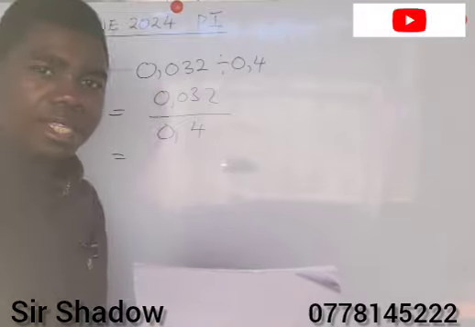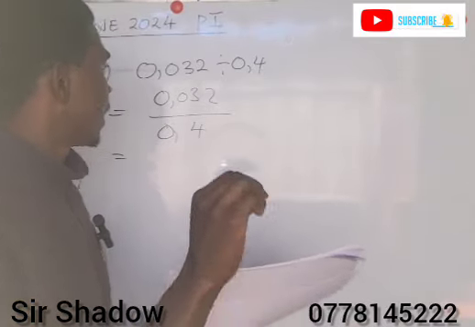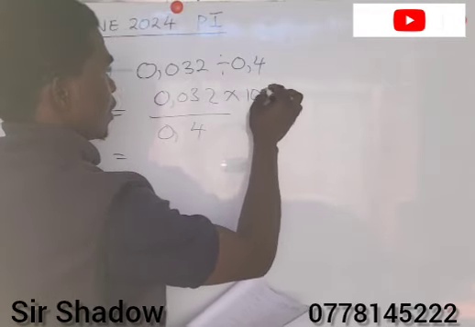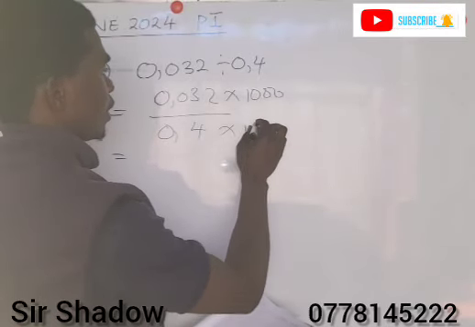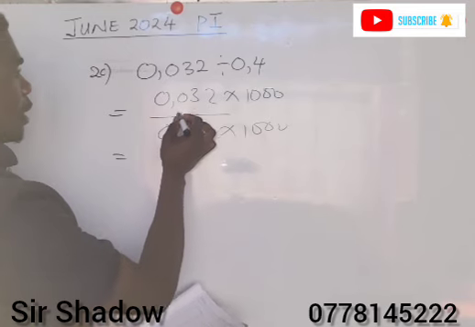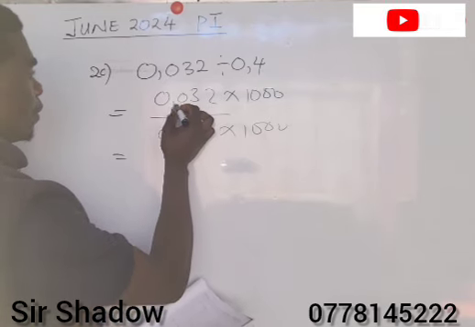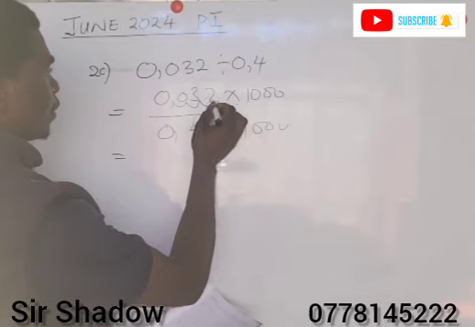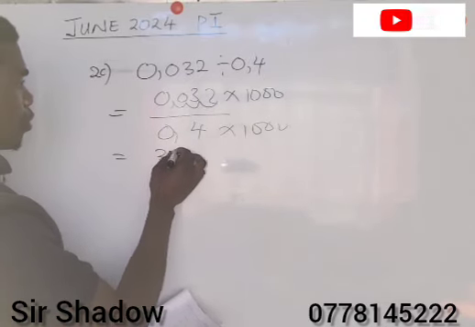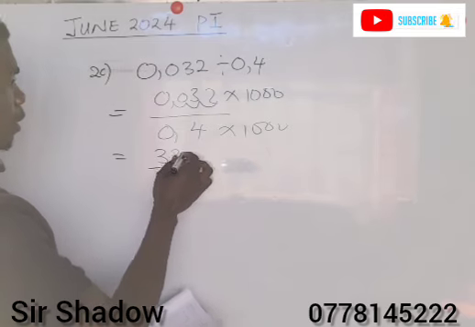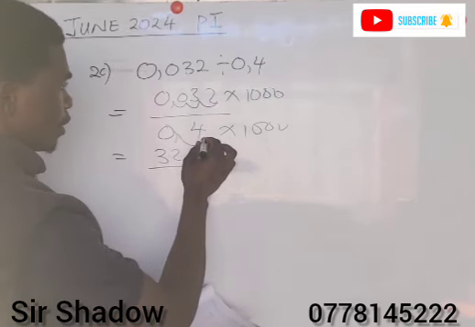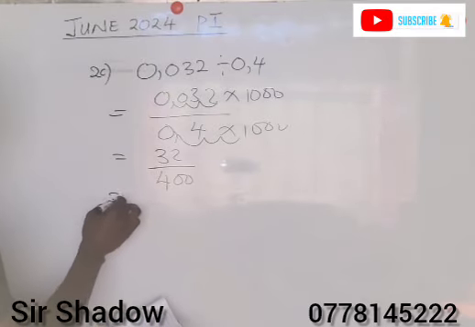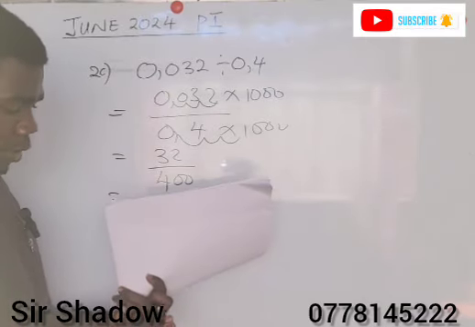Since we have 3 decimal places, we have to multiply both the numerator and the denominator by 1000. It becomes 32 over 400.